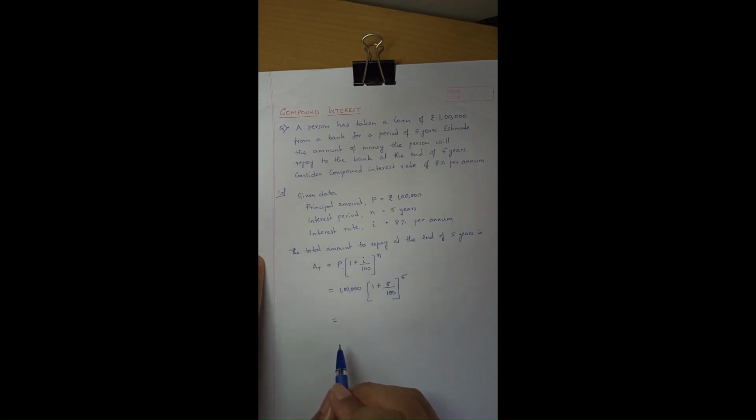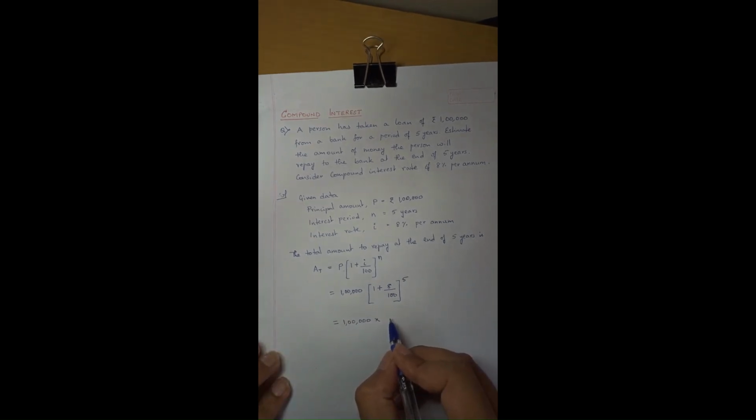So what I'm going to write, it is 1 lakh multiplied by, so this particular term, if you solve, you're going to get it as 1.469. So this is the value of this particular term.